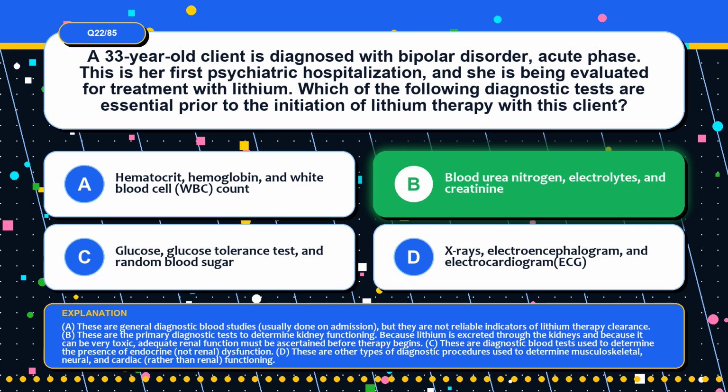Because lithium is excreted through the kidneys and because it can be very toxic, adequate renal function must be ascertained before therapy begins. A. These are general diagnostic blood studies usually done on admission, but they are not reliable indicators of lithium therapy clearance. C. These are diagnostic blood tests used to determine the presence of endocrine, not renal dysfunction. D. These are other types of diagnostic procedures used to determine musculoskeletal, neural, and cardiac rather than renal functioning.